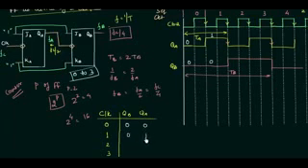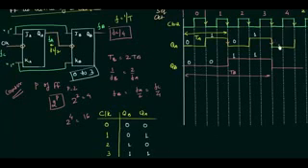So 0, 1. For the second clock pulse, QA is 0, whereas QB is 1. So 1, 0. And for the third, I am having QA 1 and QB 1 as well. So 1, 1.